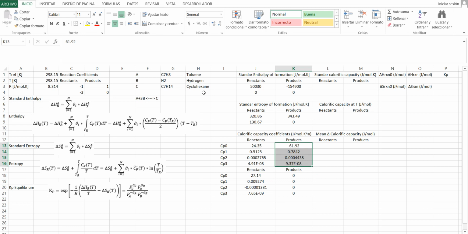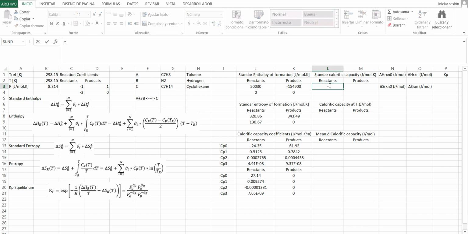So let's begin by doing that. We're going to calculate the standard calorific capacity at the reference temperature, that is 298.15 Kelvin. As I said, it's going to be a polynomial.